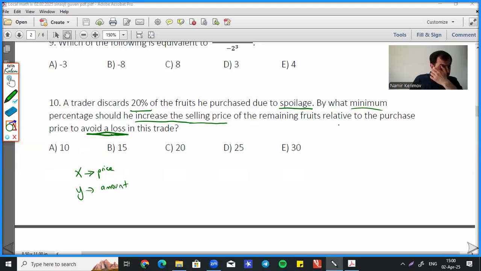So to avoid the loss, that means at least, after changing the price, we don't know how that changed. Let's call it P percent.